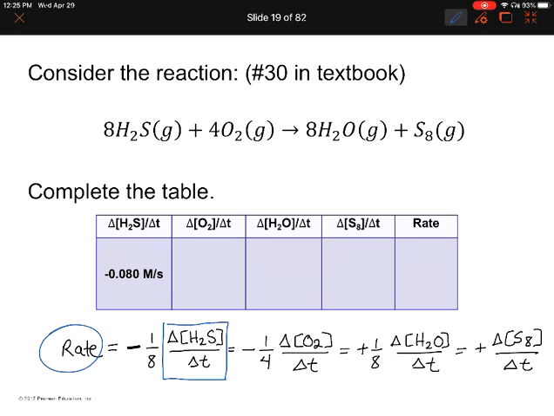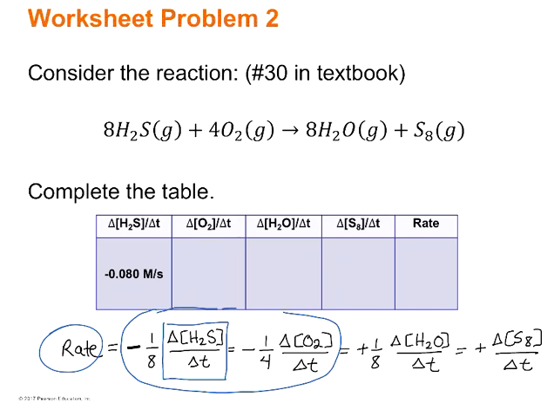Or you could start just by solving for, let's say you isolate this equality, you could solve for the change in oxygen over time. And then you could do a similar thing for the products. It's really up to you. What I'm going to do, though, is solve for the rate first, because that just makes sense to me personally, but you could do it a million other ways.